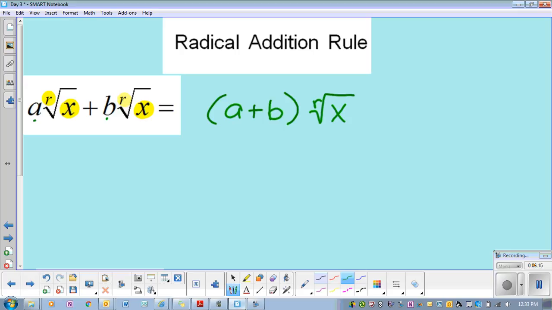So you can only add A plus B from the same root, and the same X. And you don't add these together, it just comes over. So A plus B times the rth root of X. Okay? It'll make a little bit more sense when you see numbers or variables with it.